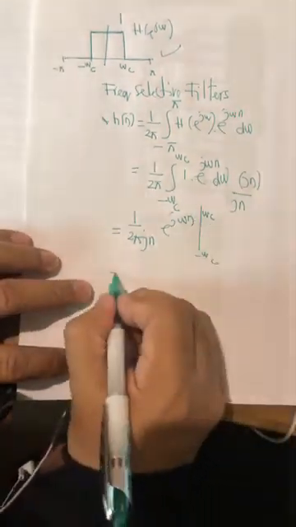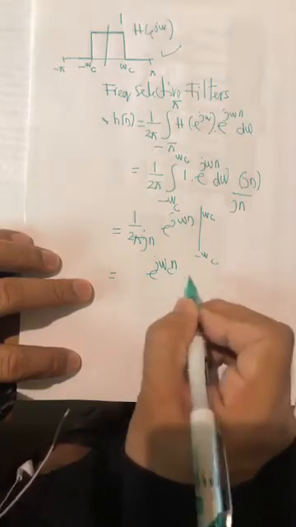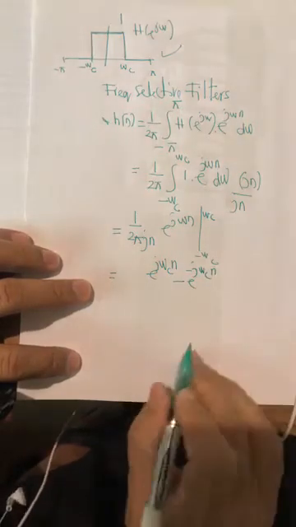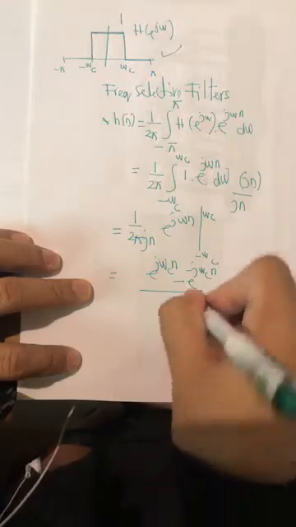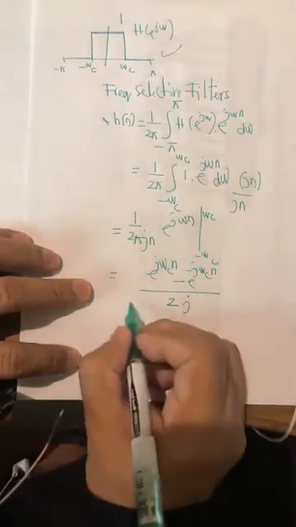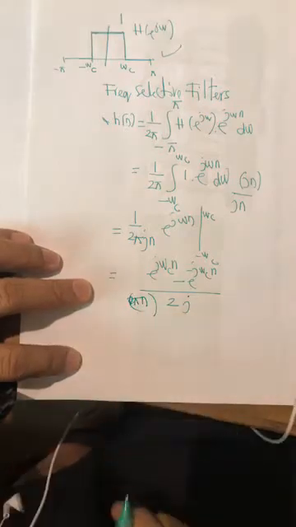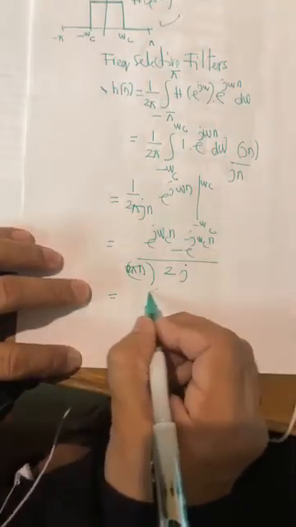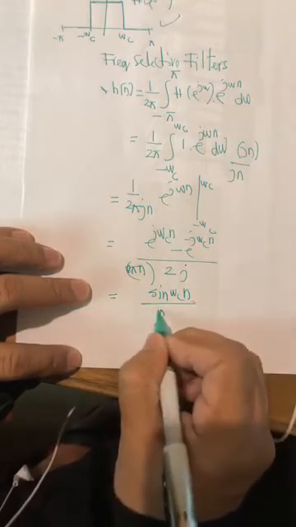Once you put in the limits, it is exponential j omega c n minus exponential minus j omega c n, divided by 2j and pi n. This is the formula for sine, so it becomes sine omega c n over pi n.